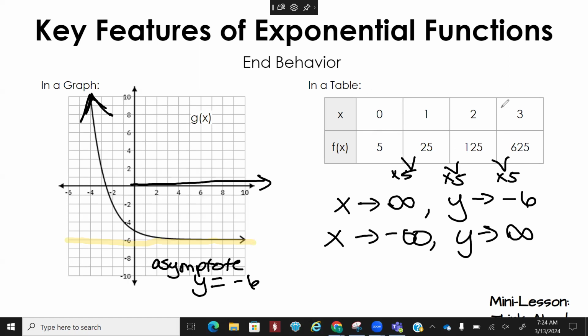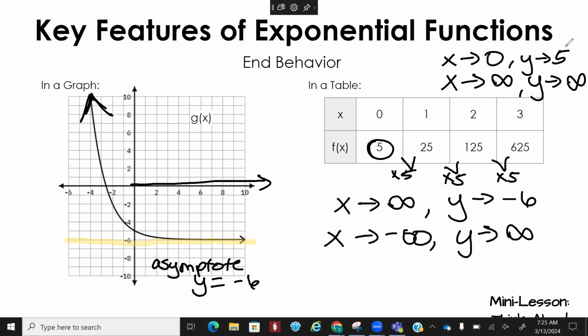So looking at this table, which is separate from this graph, as we move to the right, what's happening to our y values? They're going up, right? As we move to 0, where did our y value go? So 5.